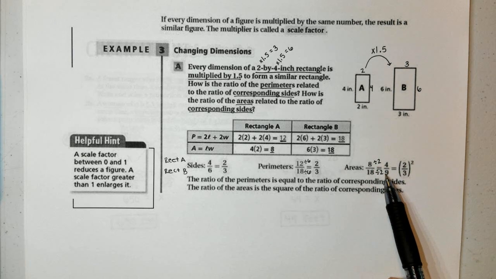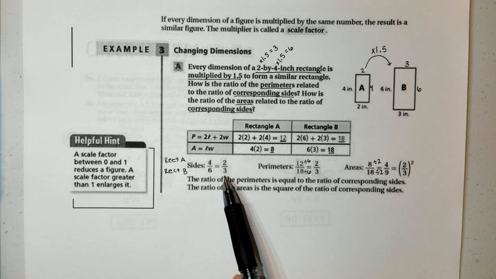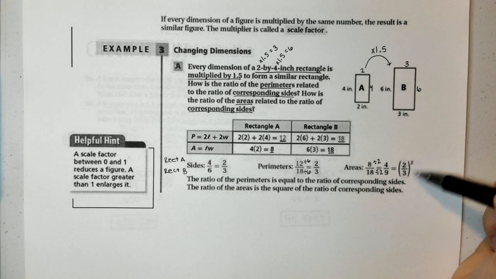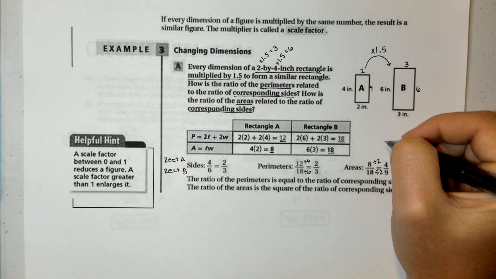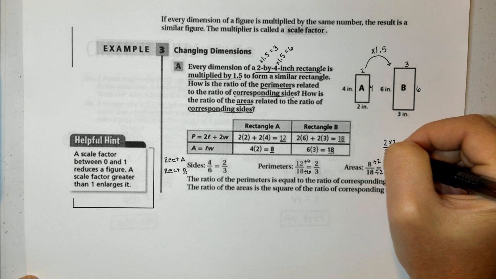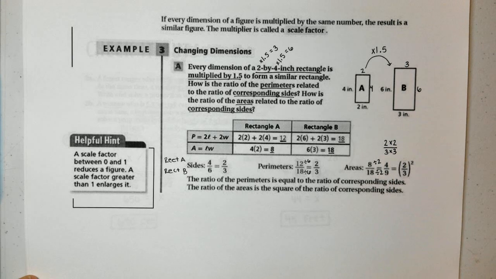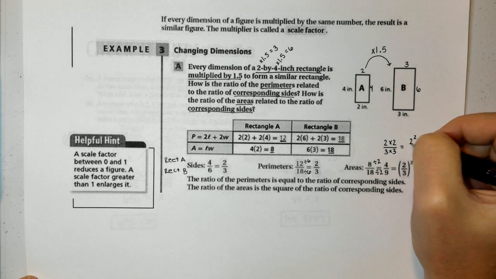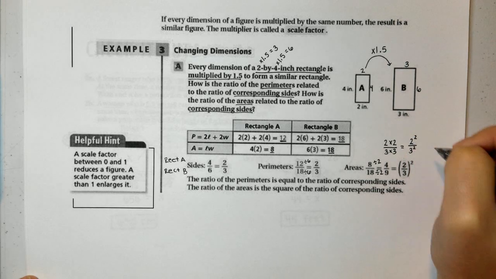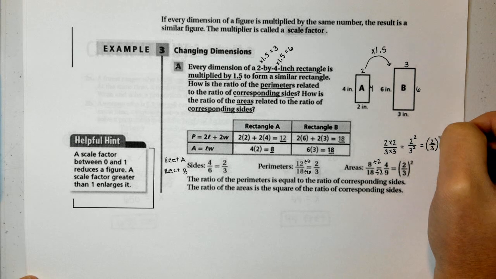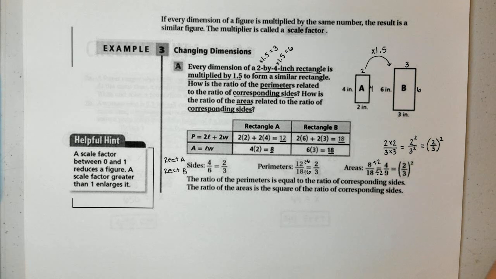Now 4 over 9 is not the same as 2 over 3, but we can rewrite this using an exponent, because 2 times 2 gives you 4, 3 times 3 gives you 9. So you can rewrite this as 2 to the second over 3 to the second, or 2/3 raised to the second, or 2/3 squared.